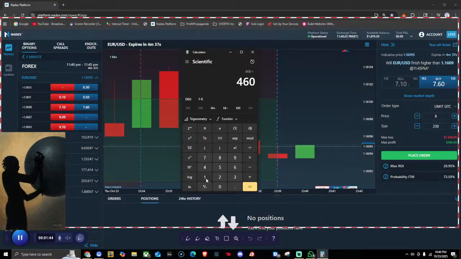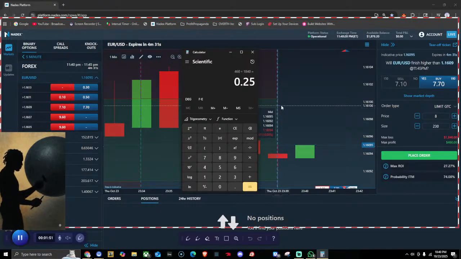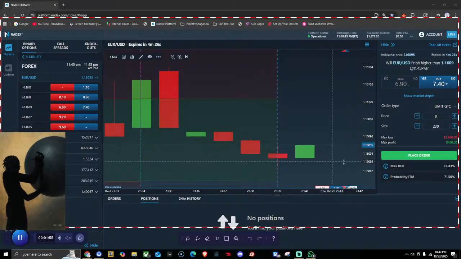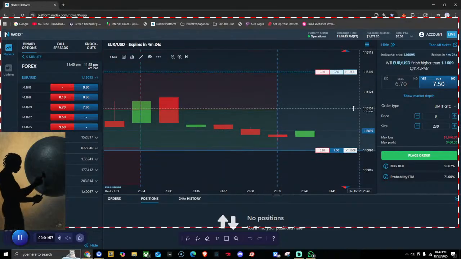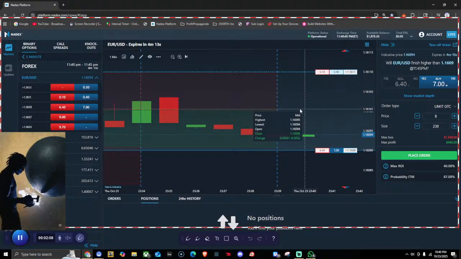Max loss, so risk to reward ratio, now what we're talking about, 1840. Okay, 25% return on investment. So with this skill set, each product is going to increase your value by 25%. I started this account with, I think it was like $100.